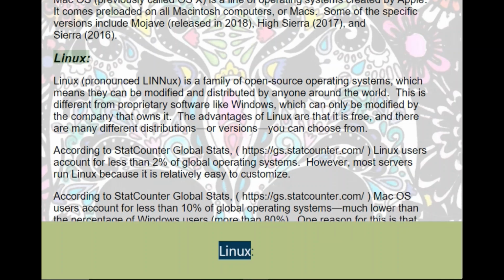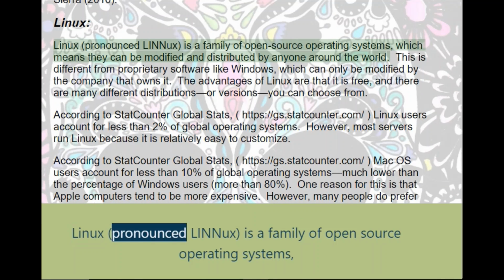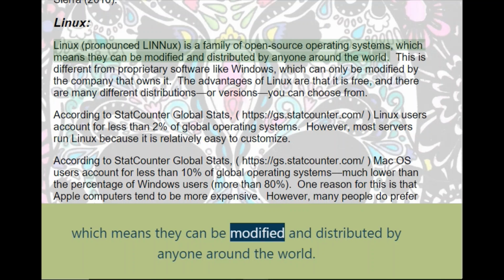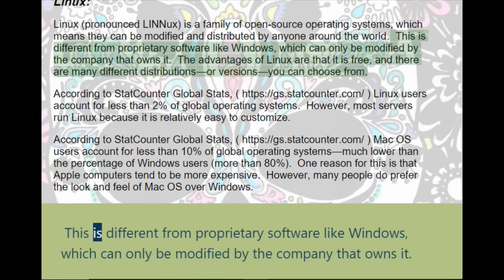Linux. Linux, pronounced "Linnux," is a family of open-source operating systems, which means they can be modified and distributed by anyone around the world. This is different from proprietary software like Windows, which can only be modified by the company that owns it.